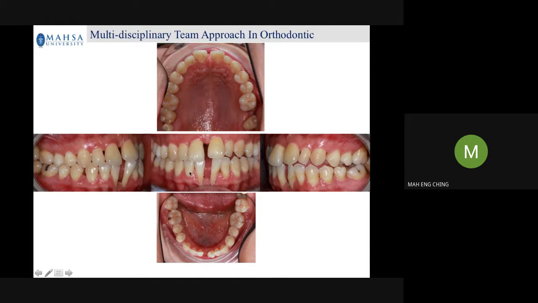You see the color and contour are okay, and the tooth becomes firm again. So we can start braces treatment on this kind of patient, provided the periodontist can do a good job to control the plaque accumulation and the tissues are back to normal before we start the braces.